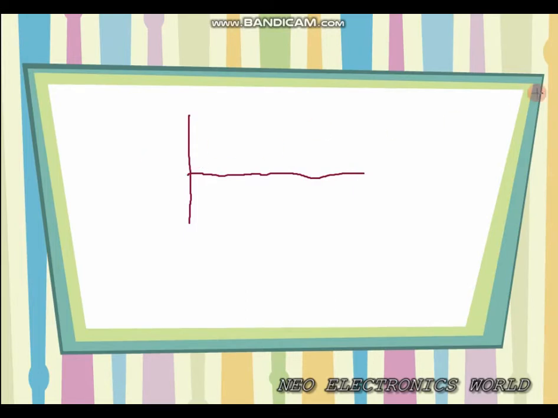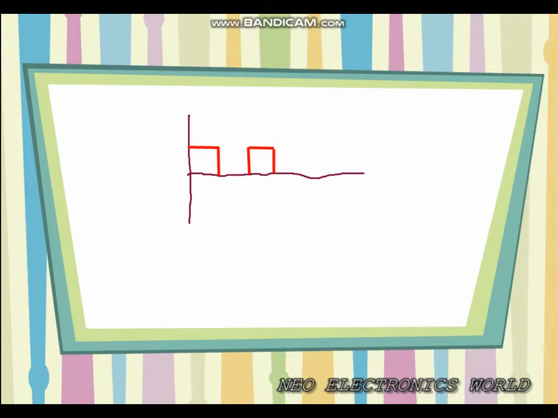Then I think it will be drawn like this: 1, then 0 and then 1. Okay, 1 0 1. This is the graph. I'm not explaining much.